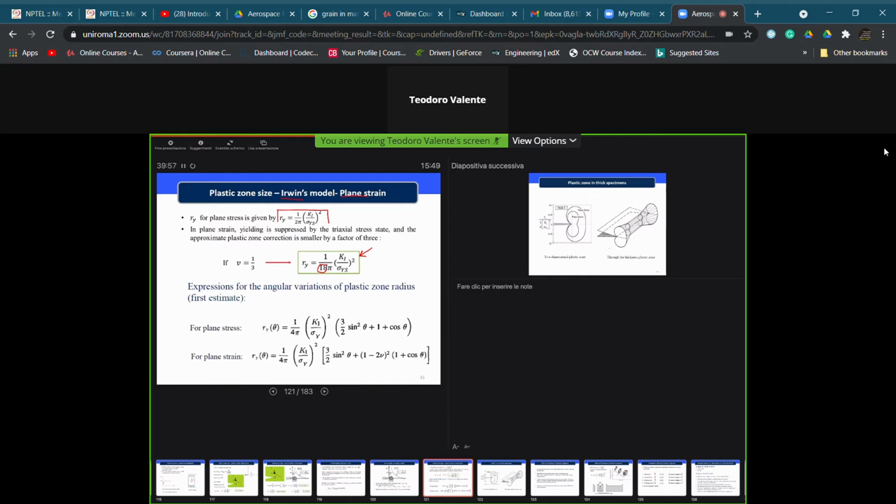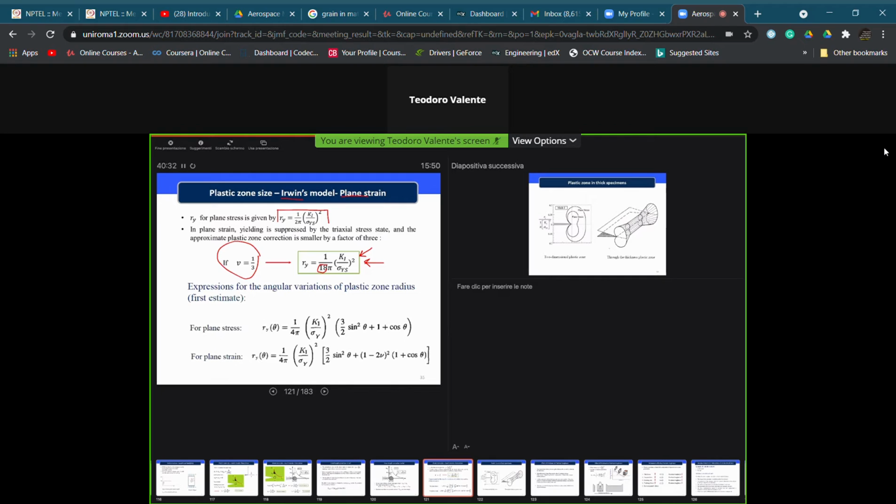Because if we are in conditions of plane strain, we need to consider the correction given by the presence of the Poisson ratio in the Young modulus. And since most materials have a Poisson ratio of about 1/3, that is 0.3, if we use this we have a formula which gives us a good estimation of the plasticity radius.